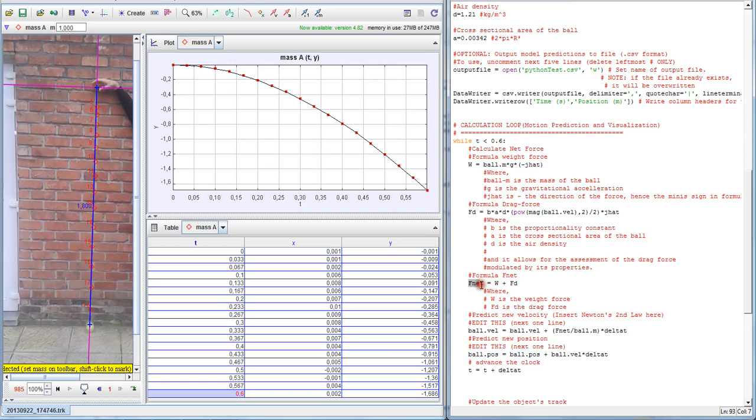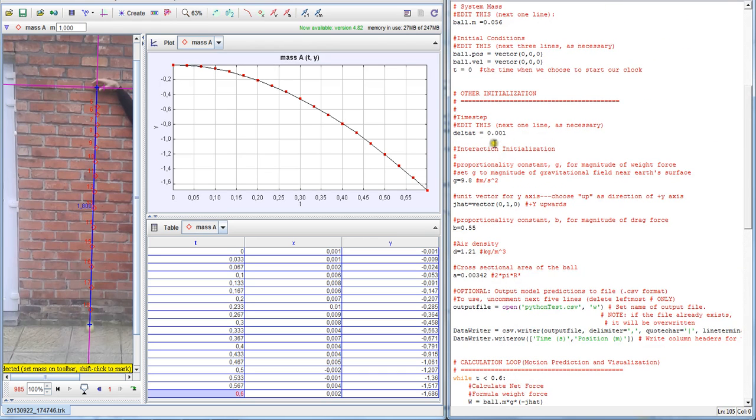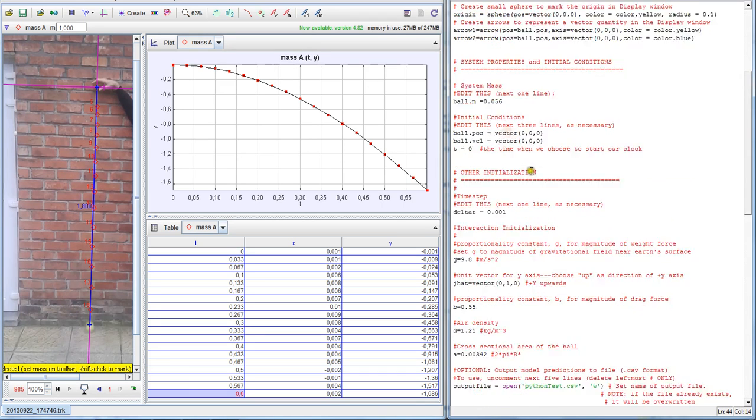This net force gets plugged into Newton's second law equation, where we calculate a new velocity for our ball using the momentum principle. We calculate a new position for our ball as delta t progresses, just like here. The delta t progression starts here with a step of 0.001 seconds.